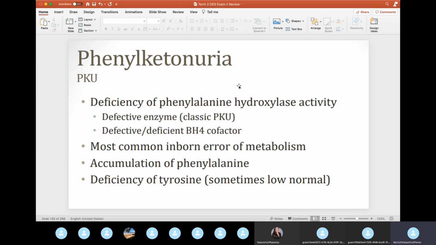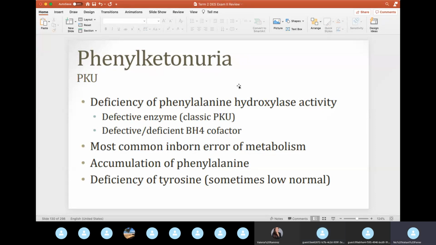PKU, phenylketonuria. Can we do the catecholamine synthesis from term 1? So we have phenylalanine to tyrosine. What's the enzyme? Phenylalanine hydroxylase. What's the cofactor? BH4. Excellent.